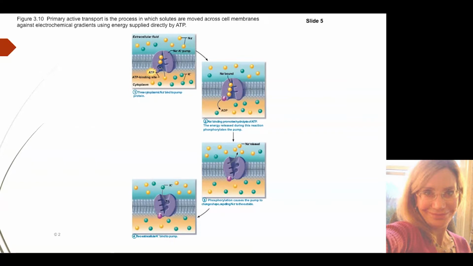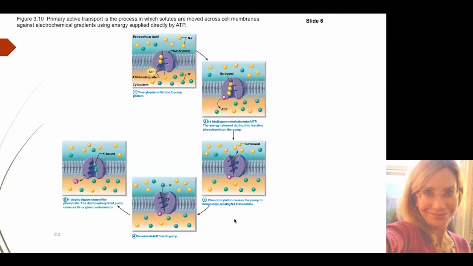Now 2 extracellular potassium ions, and this should be a plus right here. Potassium and sodium are both positively charged ions. So 2 extracellular potassium ions are going to bind to the pump, and then the potassium binding will trigger the release of the phosphate, and now this dephosphorylated pump will resume its original conformation.